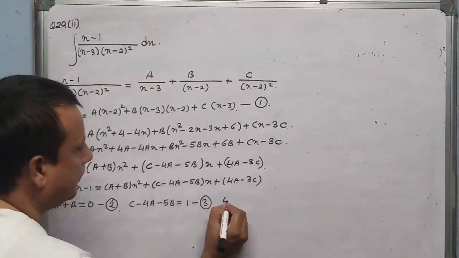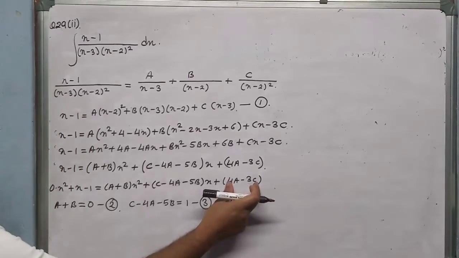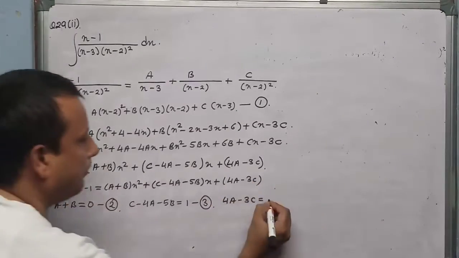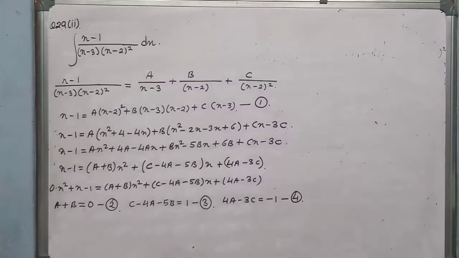Now the constant 4a minus 3c is equal to the constant over here, which is minus 1. That is equation number 4. Now solving 2, 3 and 4, you have to calculate the values of a, b and c.